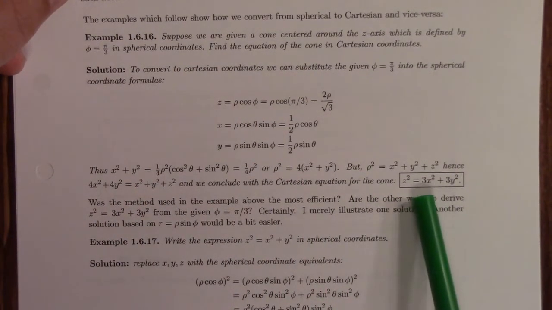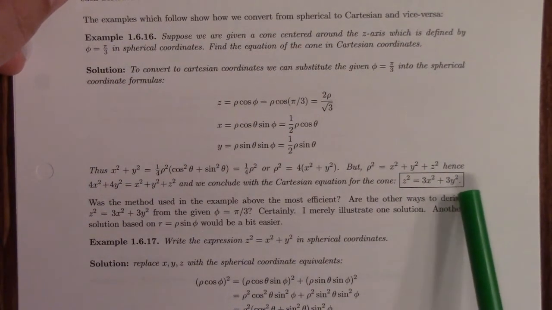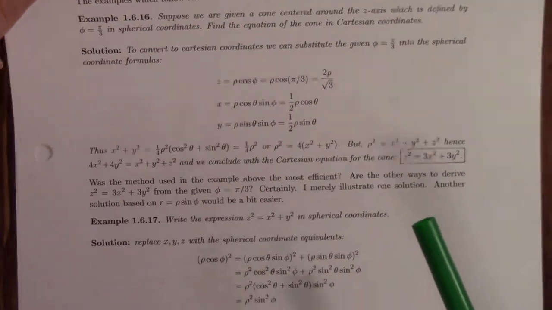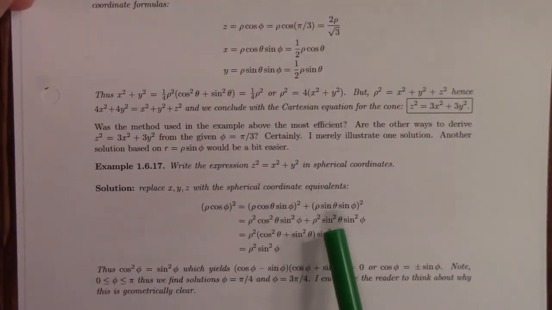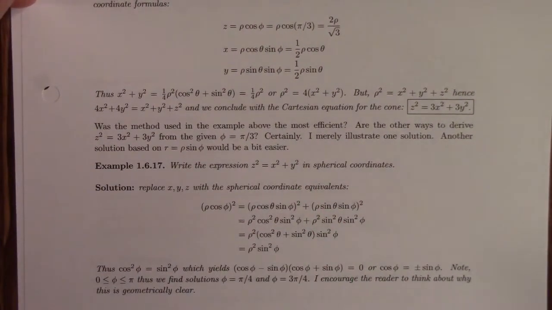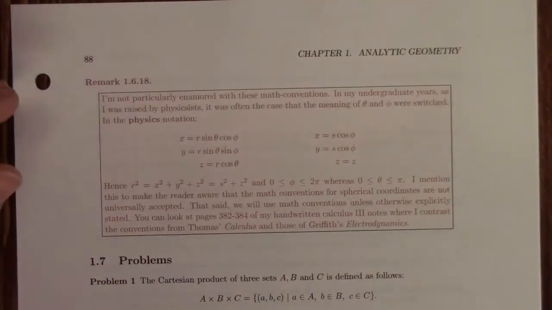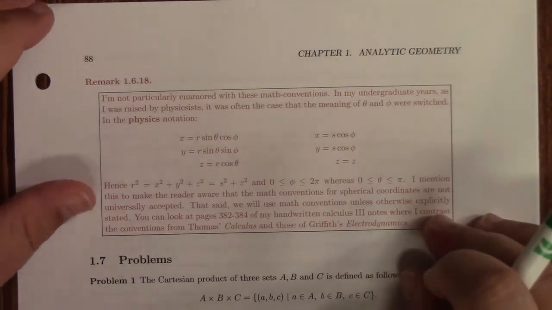It's z squared equals 3x squared plus 3y squared. And then here I convert this one into spherical coordinates as well. Let me discuss what it means. All right, coordinate conversion problems are fun.